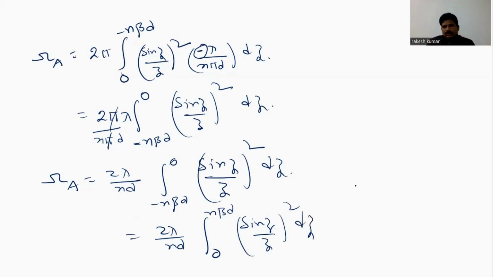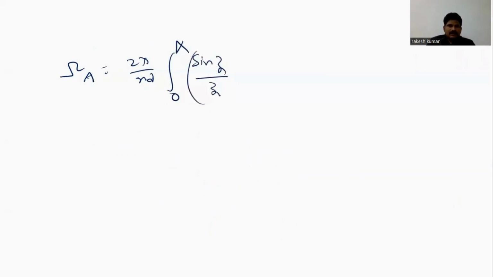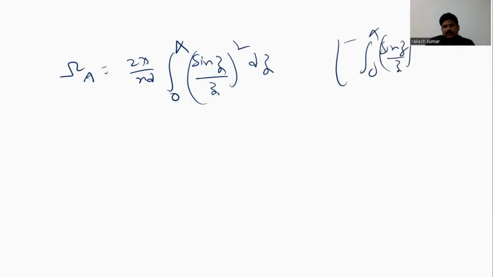If n is very large, you can approximately take it equal to infinity. Therefore sigma a is equal to 2 lambda by n d into the integration of 0 to infinity of (sin z by z) whole square into dz.